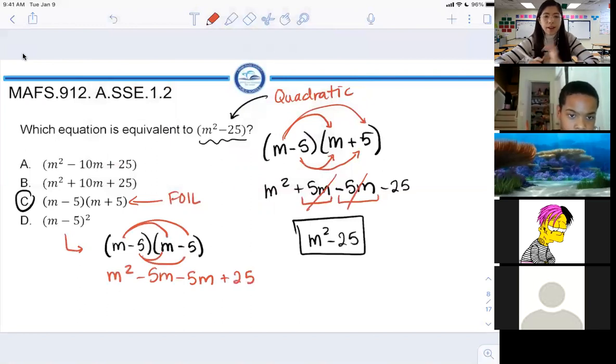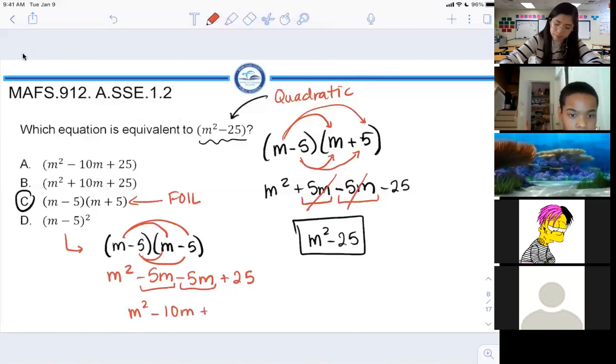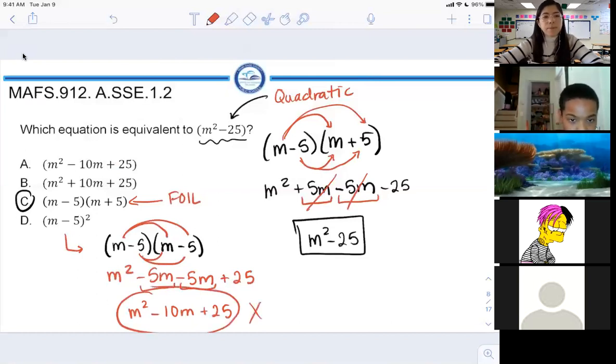And not only that, do these cancel out with each other? No, they don't. So this would be m squared minus 10m plus 25, which does not match what I needed. So that's why it might have looked correct, but you can't know for sure until you FOIL, until you test it to see if it works.